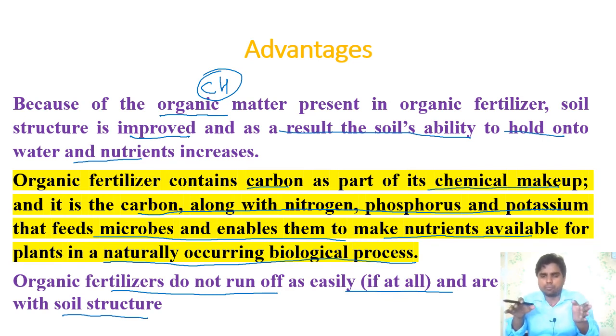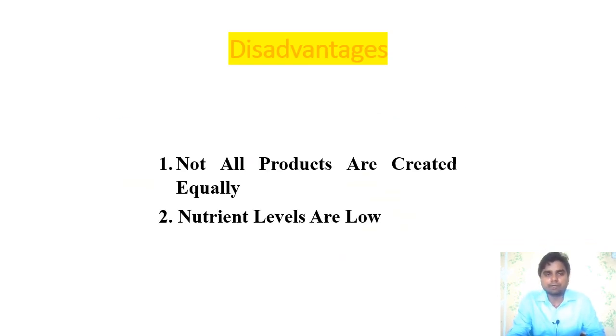So we can also go for organic fertilizer. It is very helpful. But if there is an advantage, then there will be a disadvantage also. Let's see what the disadvantages are. Basically, not all products are created equal. This means organic fertilizer made from gobar and plant products cannot be used for all types of plants. Only for a specific type of plant can this organic fertilizer be used.